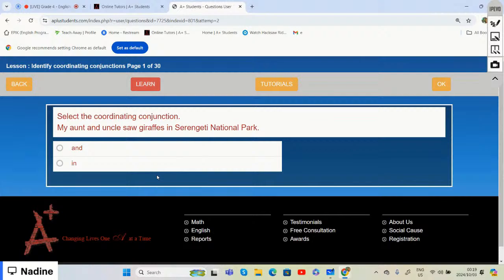All right. If we were to select the coordinating conjunction within that sentence, it says, my aunt and uncle saw giraffes in Serengeti National Park. What is our coordinating conjunction? Is it and, or is it in?